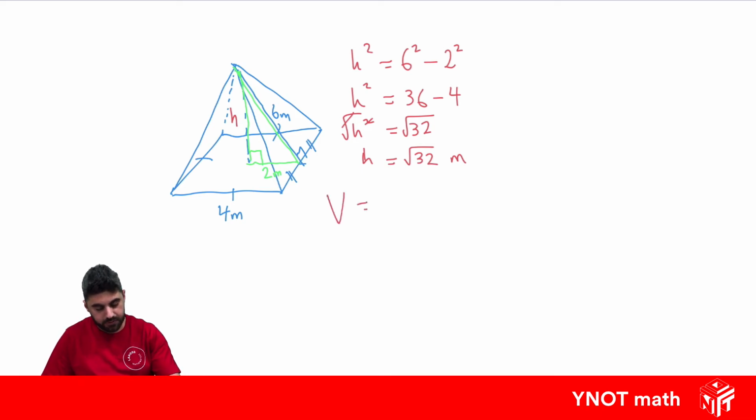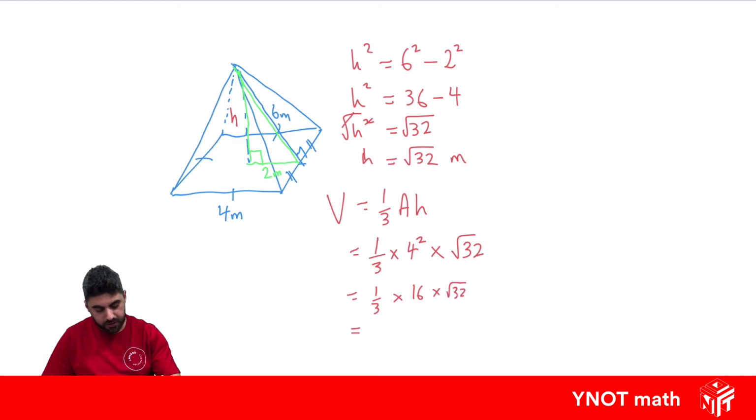So the volume we know is 1/3 times the base area times the height. So we get 1/3. Well, the base area is a square, so that's just going to be 4 squared times the height of the pyramid, which we now know is root 32. So we get 1/3 times 16 times root 32.